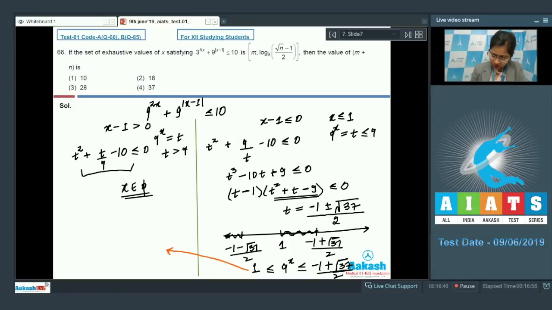Hence from here we will get x belongs, taking log to the base 9 on both sides, from 0 up till log to the base 9 of minus 1 plus root 37 upon 2, which means that the value of n is equal to 37 and the value of m is equal to 0. So the value of m plus n will be equal to 37. So option number 4 is the correct choice.